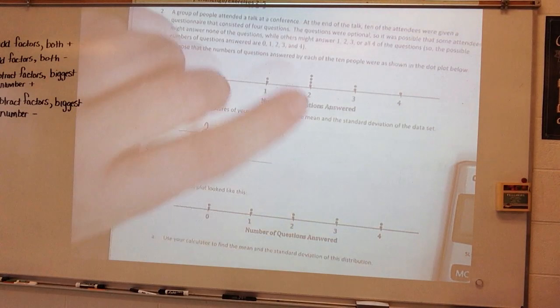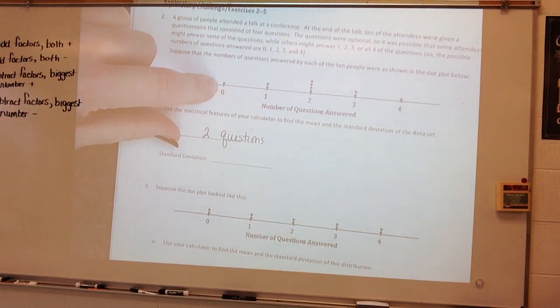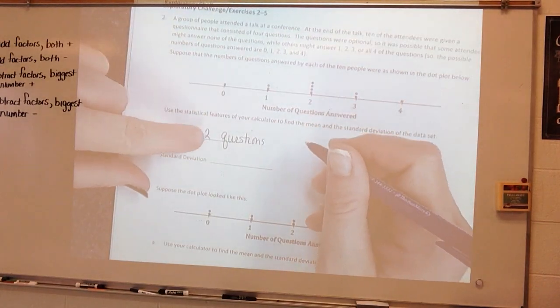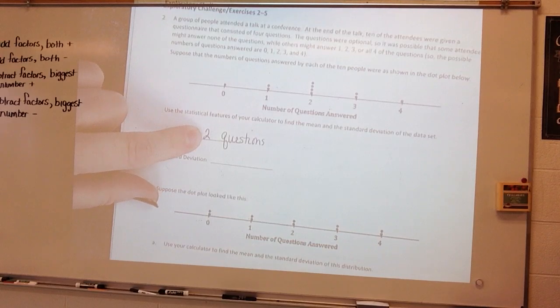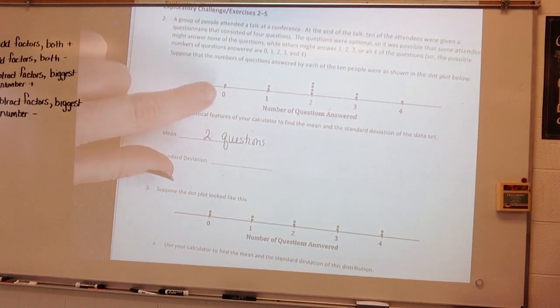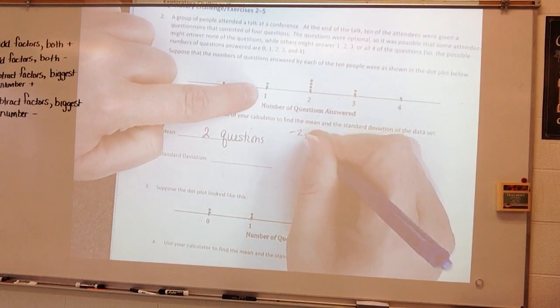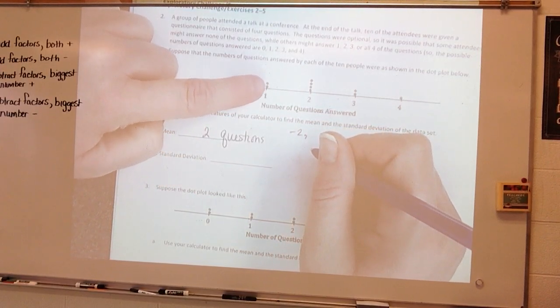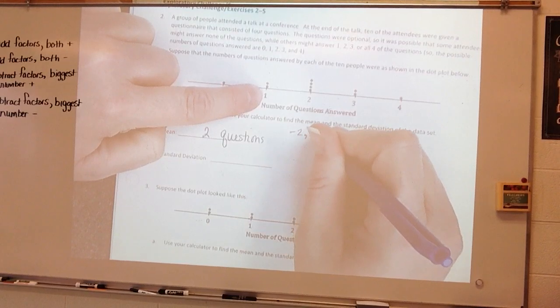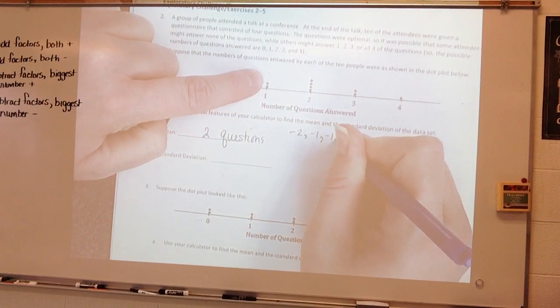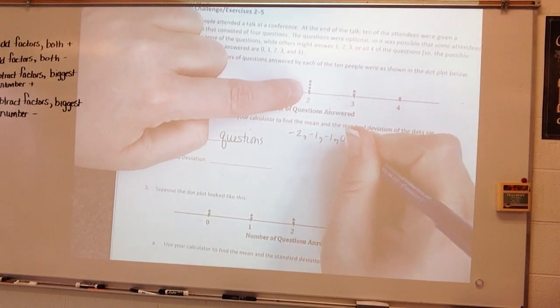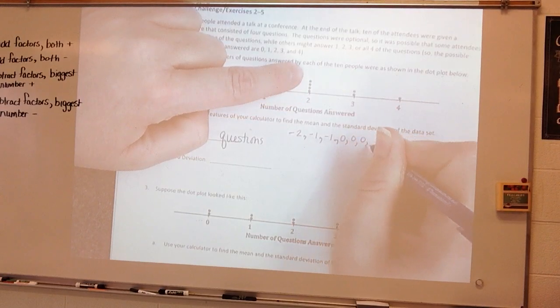Now to find our standard deviation. So my mean is 2. So 0 minus 2 is negative 2. 1 minus 2 is negative 1. Negative 1. I have 0, 0, 0, and 0.